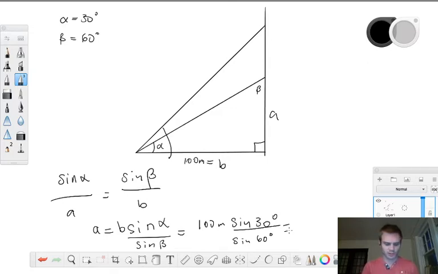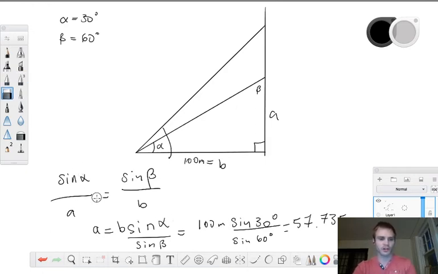And then that'll be times 100. 100 sine 30 over sine 60, with the calculator in degrees mode. Okay, so 57.735. All right. And this is an approximate value, so there are more digits after that. And I'll use this expression to calculate the next one.